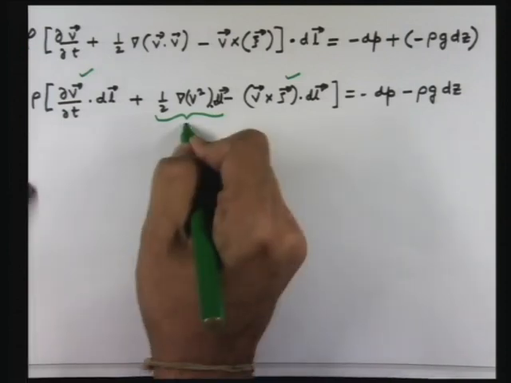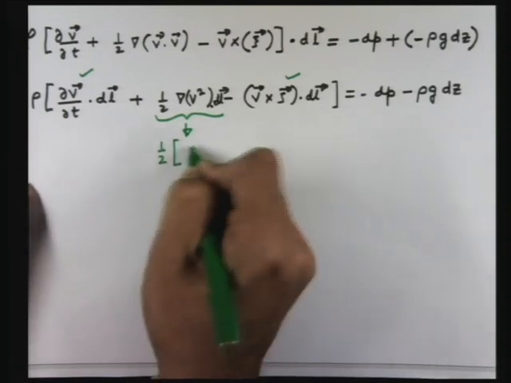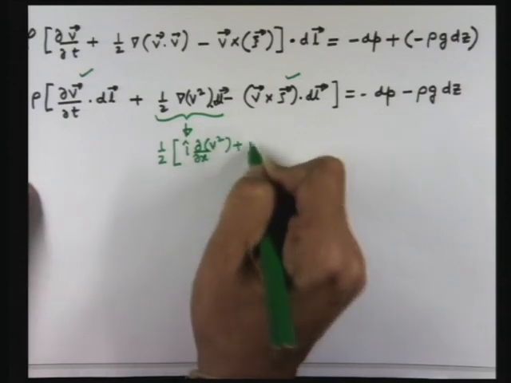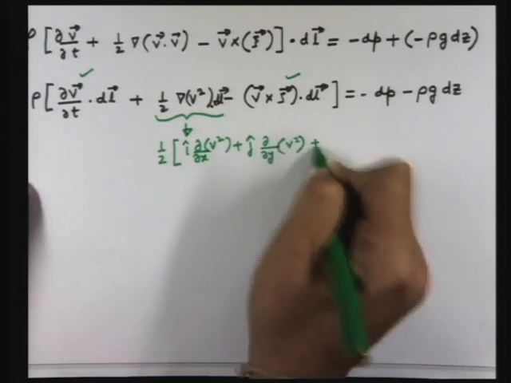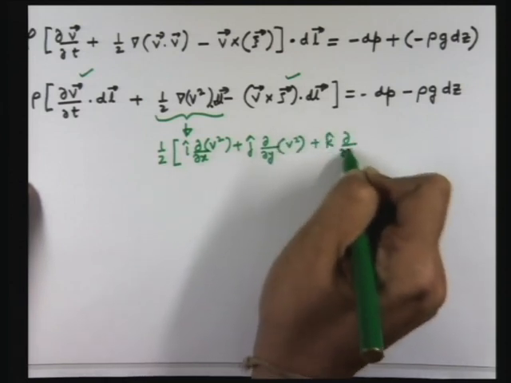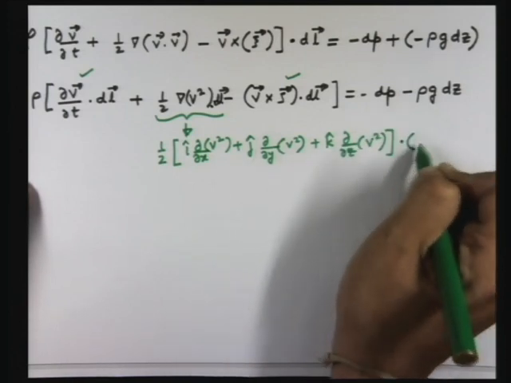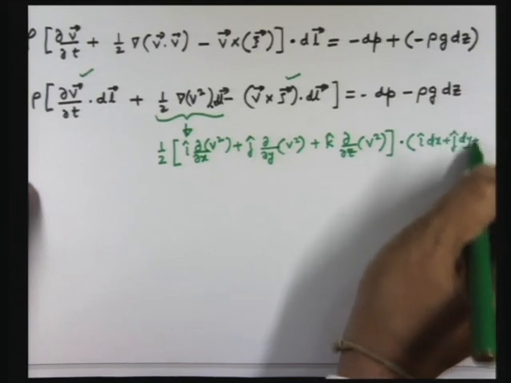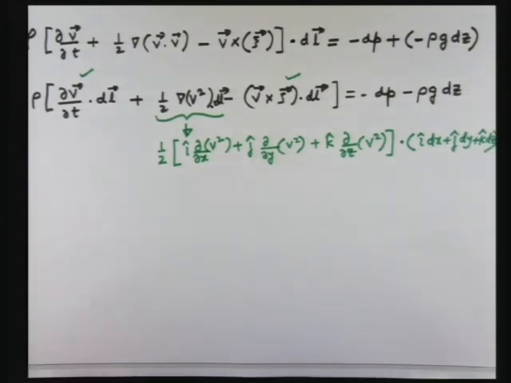So this term is half (i del x of v square plus j del y of v square plus k del z of v square) dot (i dx plus j dy plus k dz).